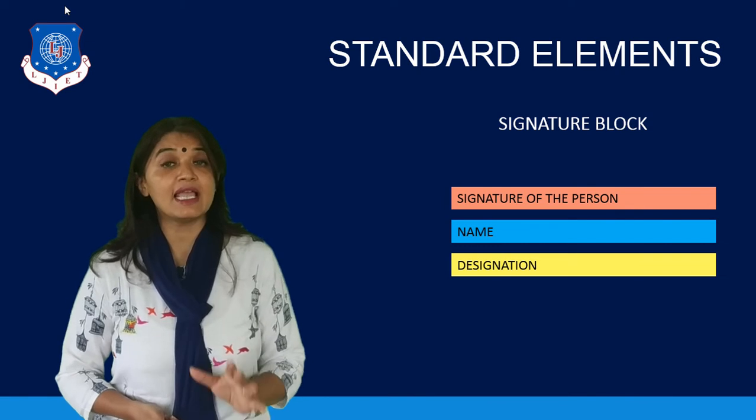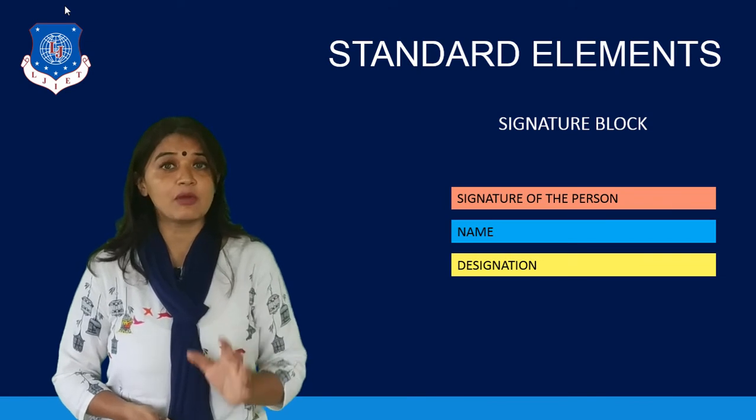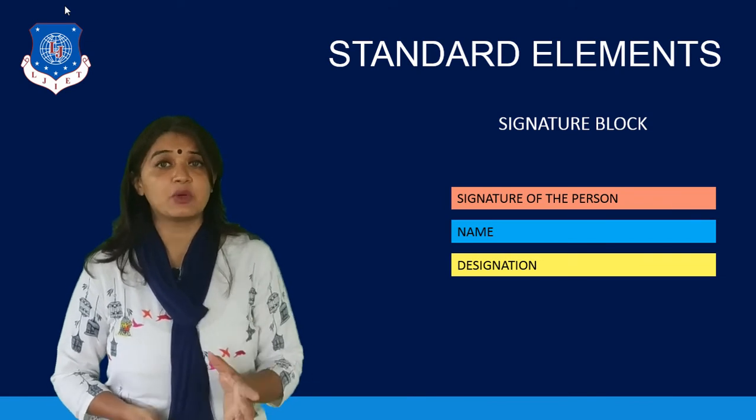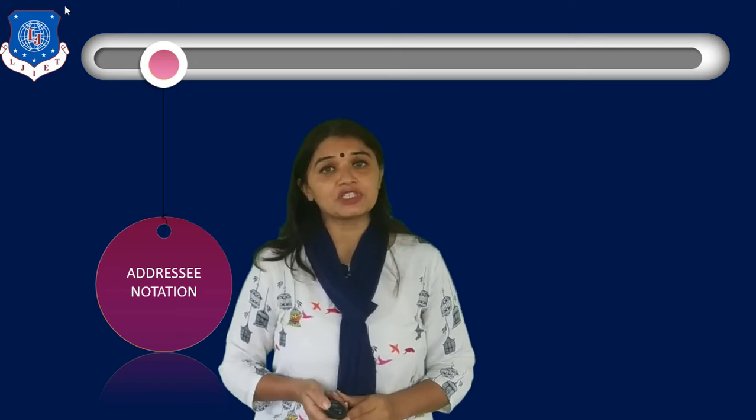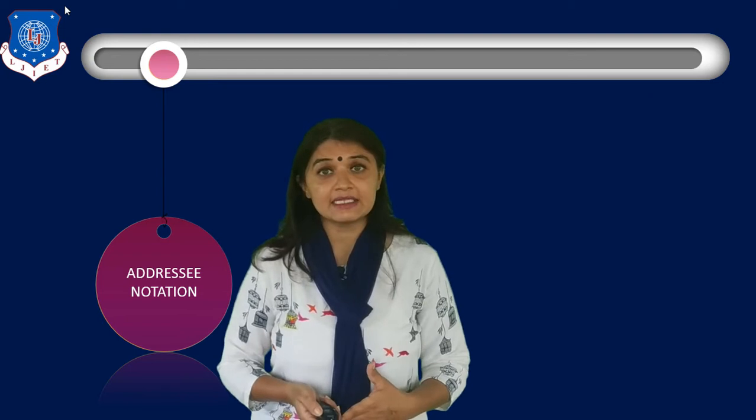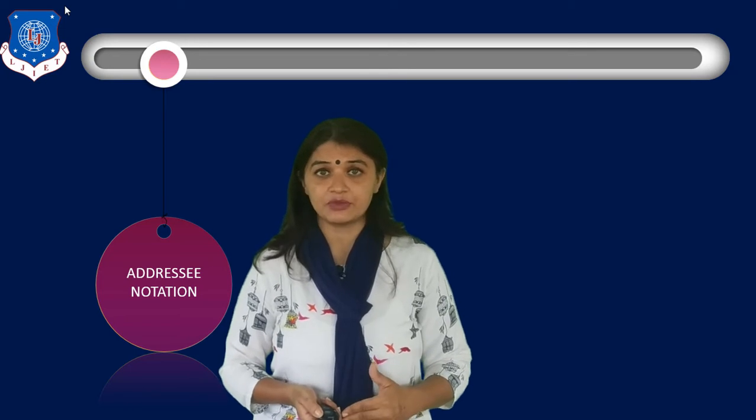Now let us see the additional elements, that over and above the standard elements, if required, what we may put. So the first additional element we can see is the addressee notation. The addressee notation is written to limit the readership of a letter, and it is written after the inside address.